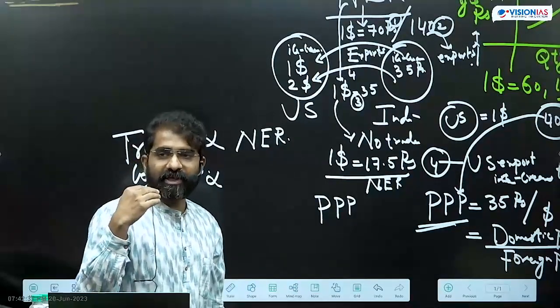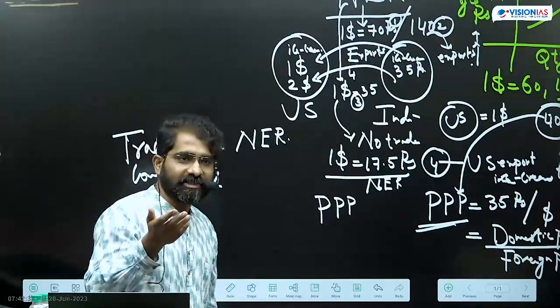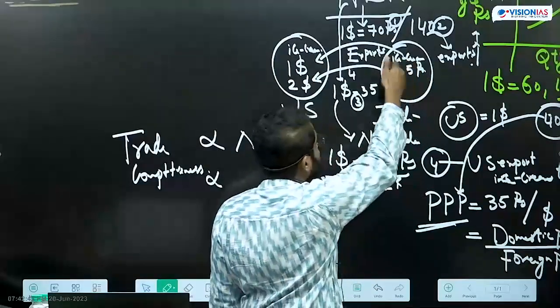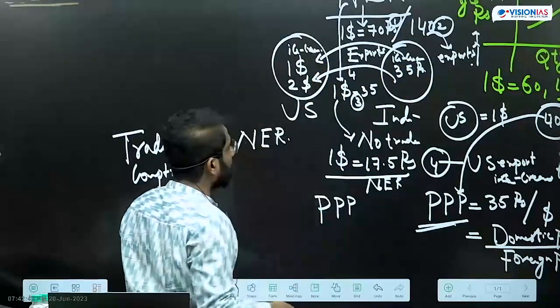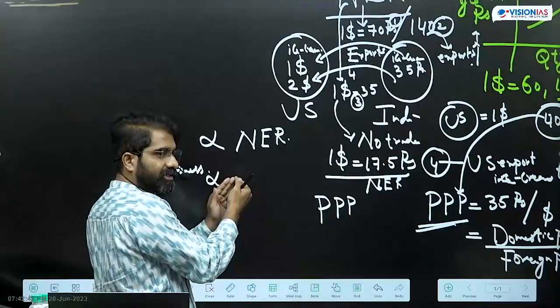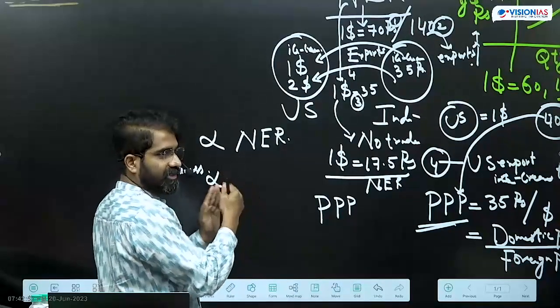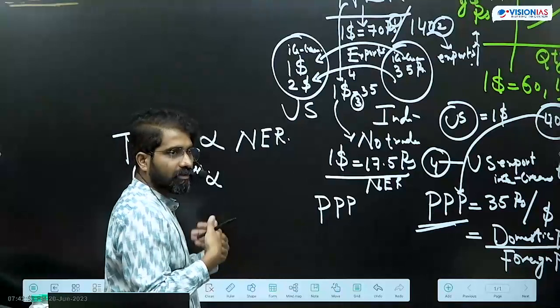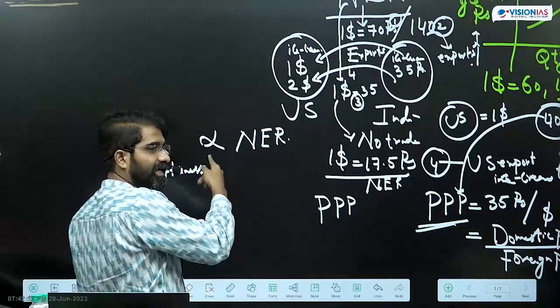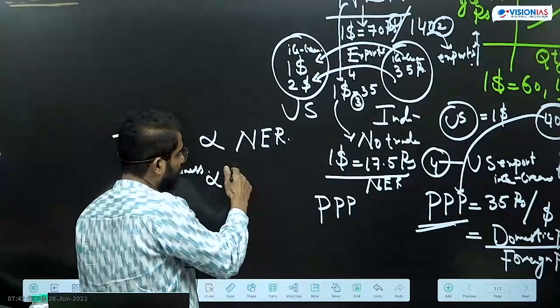So that means if the price in US, the foreign price, is increasing, is it beneficial for India's trade or not? Beneficial for India's trade. Is that okay? So trade competitiveness is directly proportional to the foreign price.